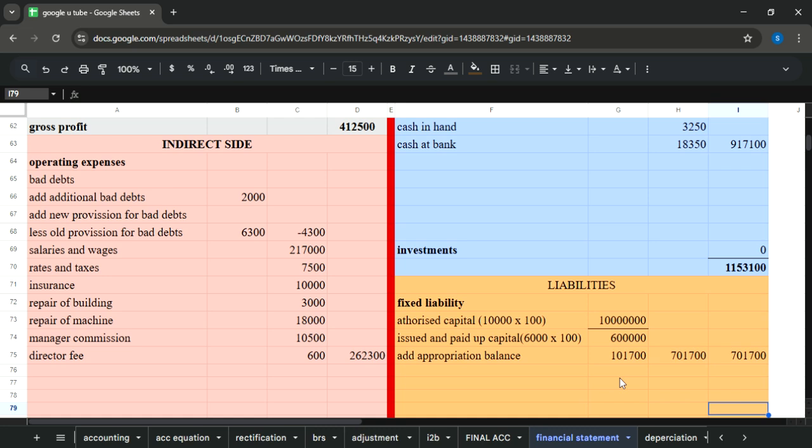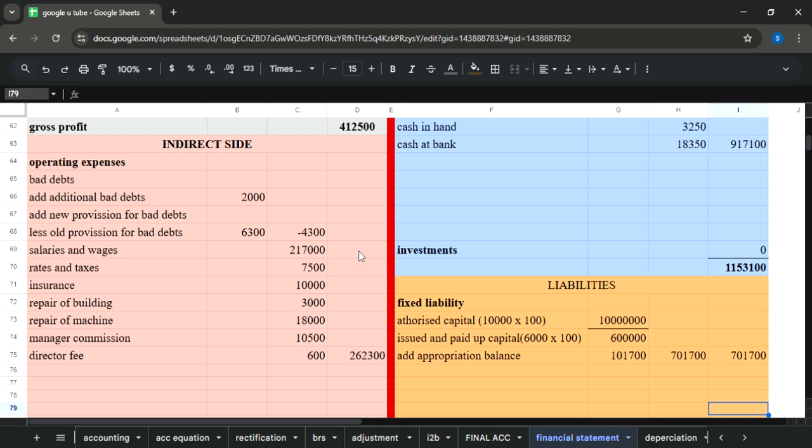But right now, I need your time. I will show you the second option. Instead of writing this 4,300, it is very possible to take this 4,300 to the liability side, because this provision is still in hand. So that would be considered a liability for us as well. Why? Because your owner or company had provided you 6,300 as provision, out of which only 2,000 was used.